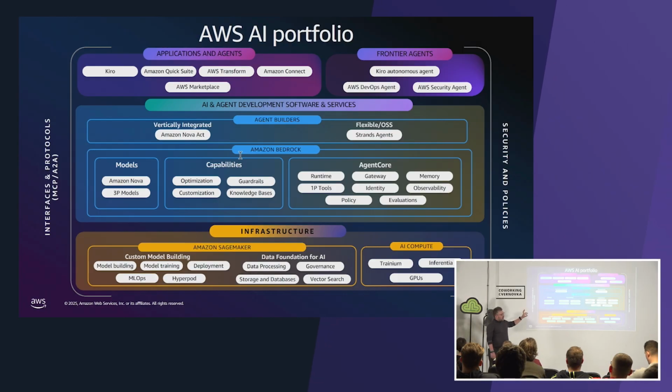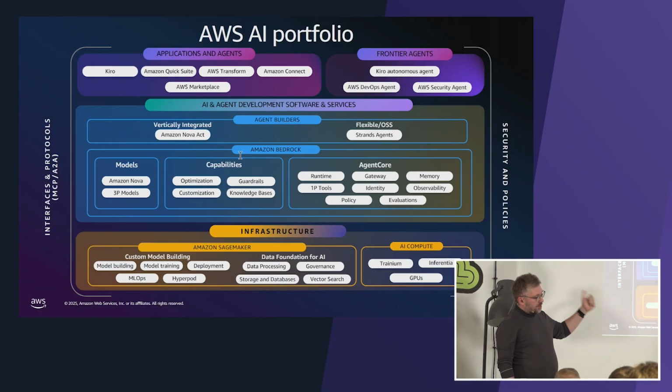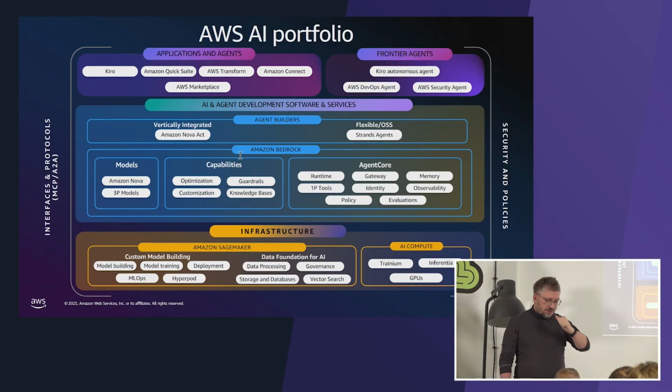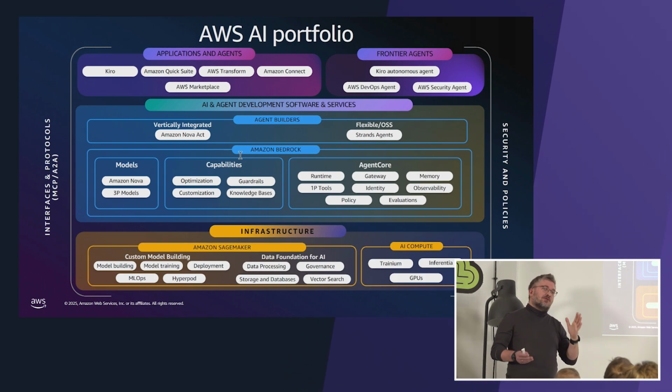Then the middle layer is AI and agent development software. A huge part of it is Amazon Bedrock, which includes multiple services: foundational models, and different capabilities like guardrails, knowledge bases I just mentioned, and so on. And there's a new thing that was also announced in between re:Invents.